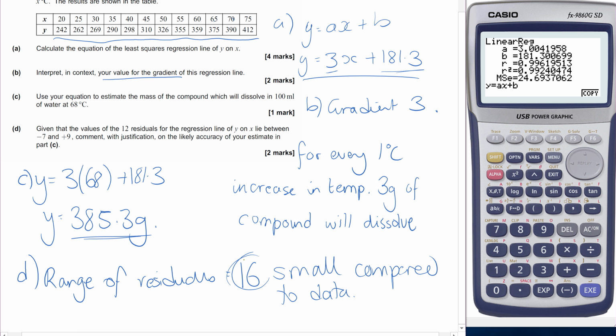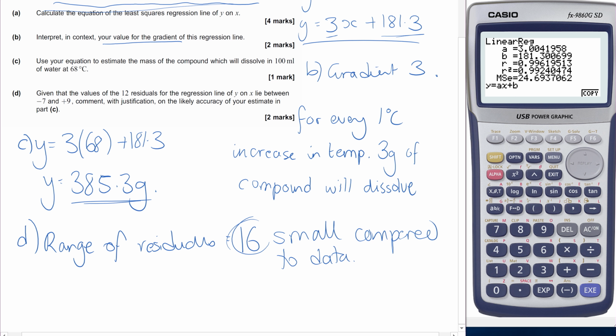So 10%, if any of these data items were 160, then the range of the residual would be exactly 10% of it. If it's less than 10%, we're saying that it's small compared to the data, and therefore the conclusion, so my estimate, is likely to be accurate.